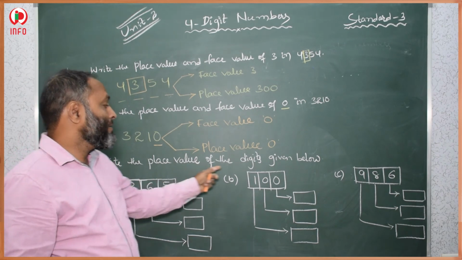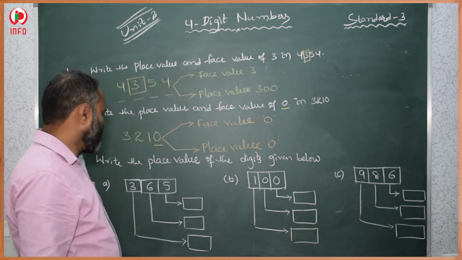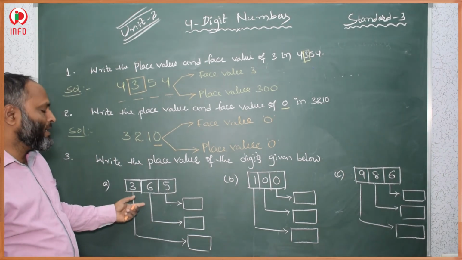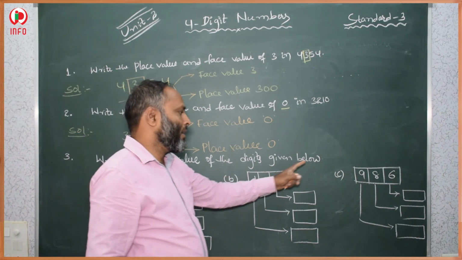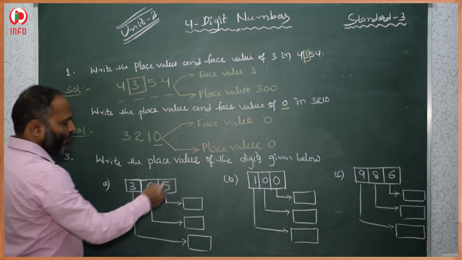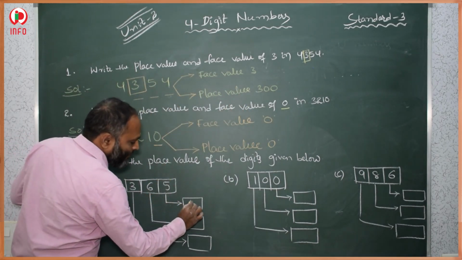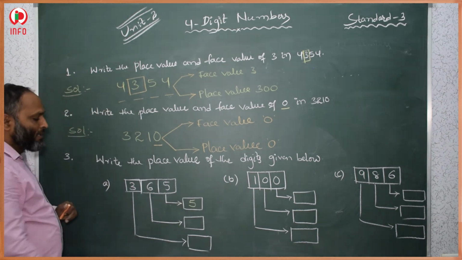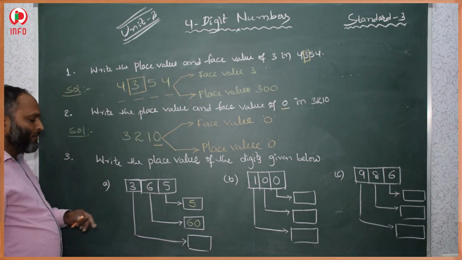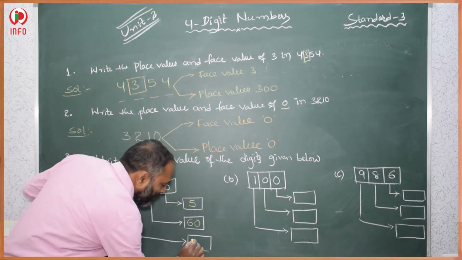Now write the place values of the digits in the numbers given below. So here, 365, 100 and 986 are the numbers given. Then 5 is in the ones place, that is 5. 6 is in the tens place, 60. Then 3 is in the hundreds place, that is 300.